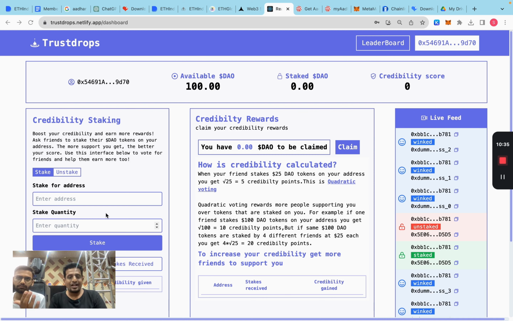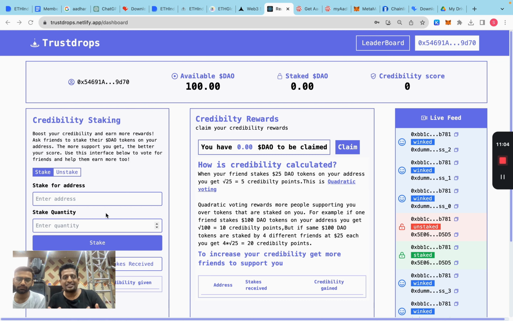to somebody else. And the best part here is the stakes translate into the votes on your friends using a quadratic algorithm. So basically, if I vote on somebody with 100 tokens, they get 10 votes, the root of 100. But if I vote on 4 people with 25 each, they get 5 each. So the more I divide my tokens onto multiple people, the more influence I have on the network, and I'm letting more people mine rewards, right?